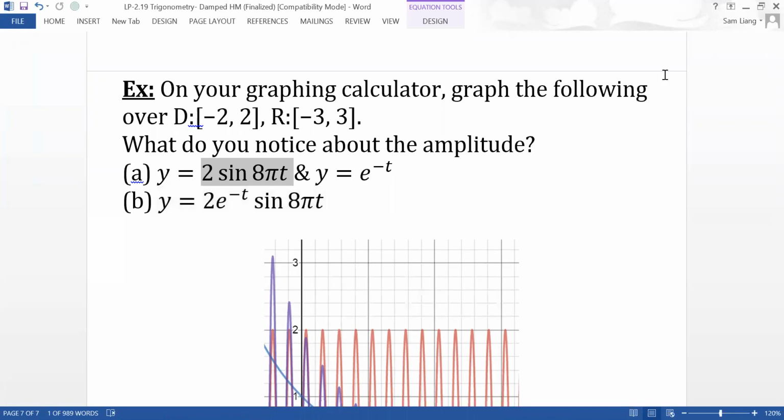Wait, when you graph 2 sine 8 pi t, is the t supposed to be inside the parentheses? You could do either. Does it change it, or does it not? Here's what I have on my calculator.